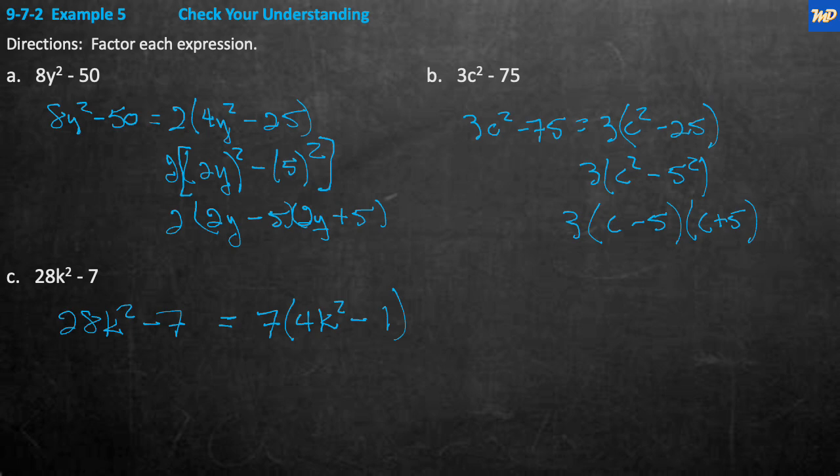Now this can be broken down again: 7 times the quantity 2k squared minus 1 squared. If I break that apart, it's going to be 7 times 2k minus 1 and 2k plus 1. Okay, good job, everyone. I think that's the end of this.